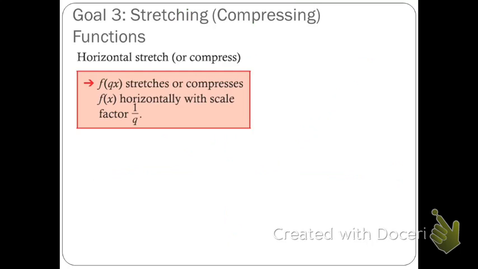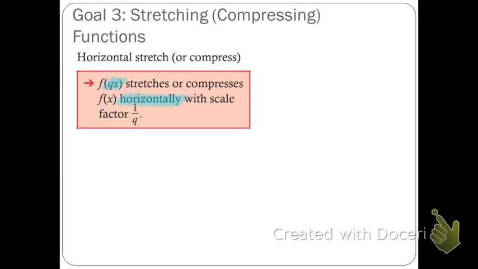Just like with reflections, what we're doing in order to stretch a graph or compress it is we're using multiplication. But instead of multiplying by -1, we're going to be multiplying by some other value. Here you see, to stretch or compress a function horizontally, what you do is you simply multiply its input value by some number q.